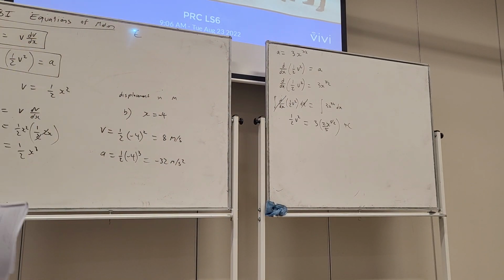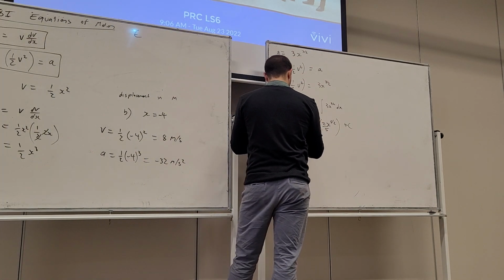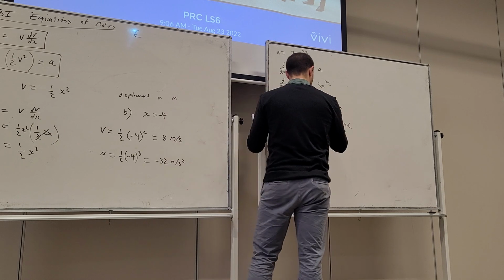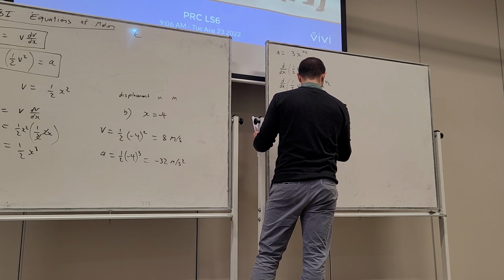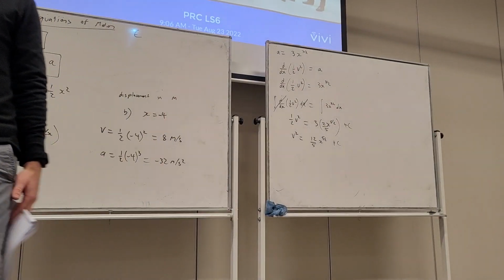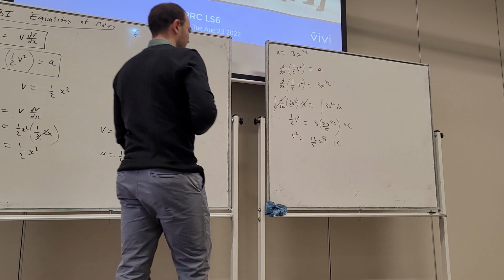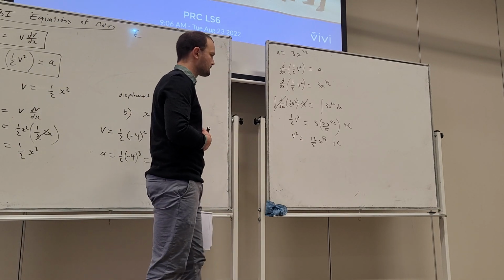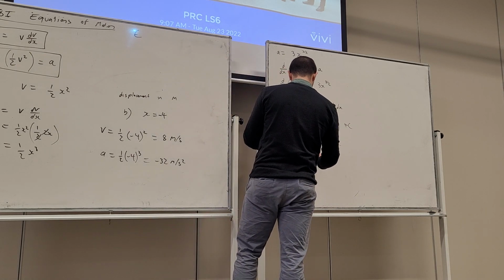We want the velocity function by itself, so we multiply both sides by 2, and we get 12 on 5 x to the 5 on 2, plus c. The value of c is not changing. It's some number we don't know yet, and we will determine it in a moment. And we have the square root of both sides.